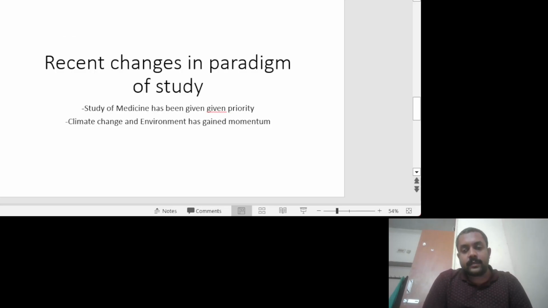In recent times, especially after the COVID-19 crisis, the entire focus of study of ancient Indian history has shifted particularly towards the medical field. We have researched Ayurveda recently after COVID-19 and also the environmental aspect of ancient Indian history.